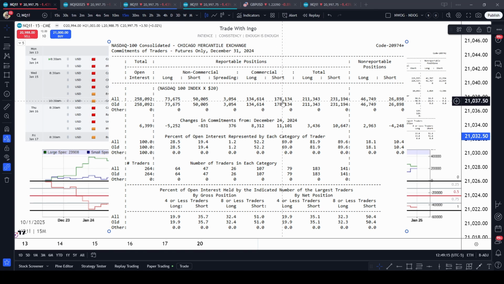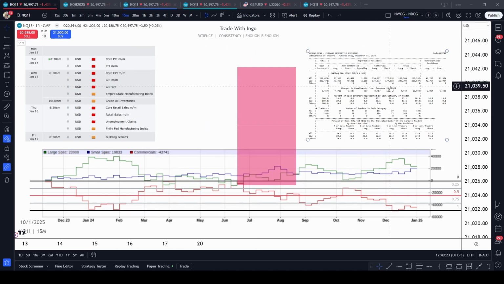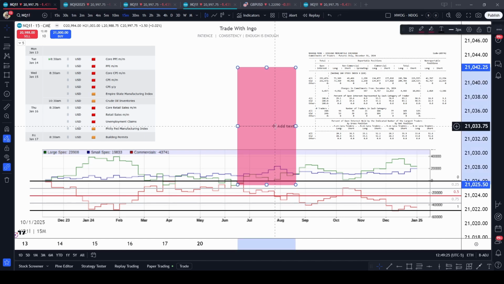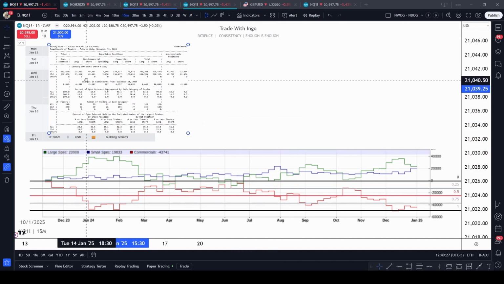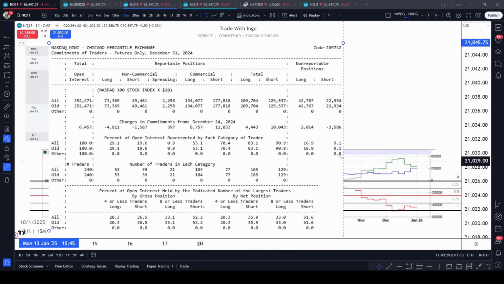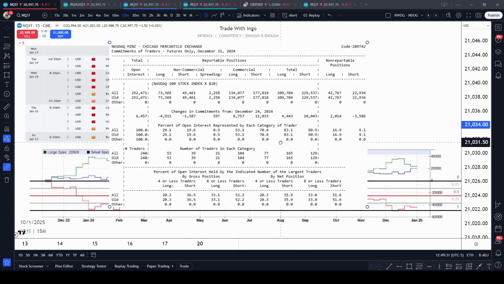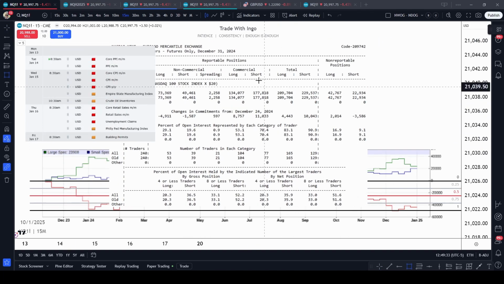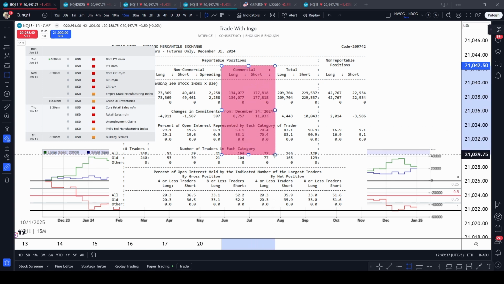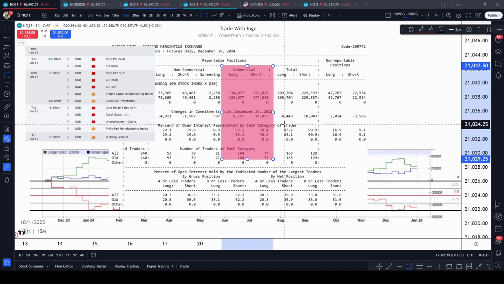So that builds a bearish narrative for Nasdaq. Commercials is this column.